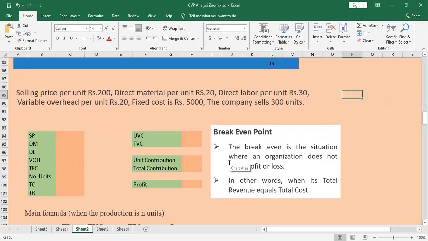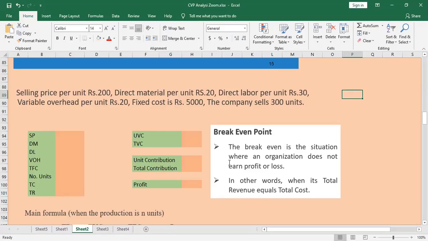So starting with this example, it says that the selling price per unit is 200, direct material per unit 20, direct labor per unit 30, variable overhead per unit 20, and we have fixed cost of 5,000 rupees. Then the company sells 300 units. Expected sales: 300 units.